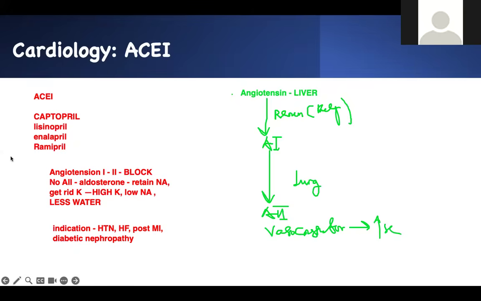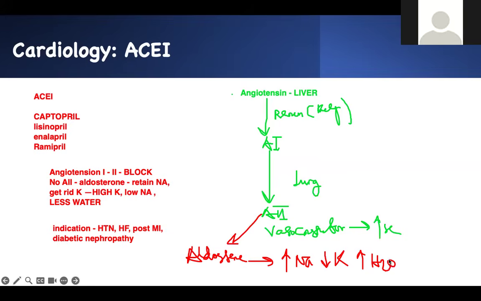Another thing that it does is lead to aldosterone production. What does aldosterone do? Aldosterone increases your sodium, decreases your potassium, and increases water. This is the normal situation, and this is why this medication is very, very important.